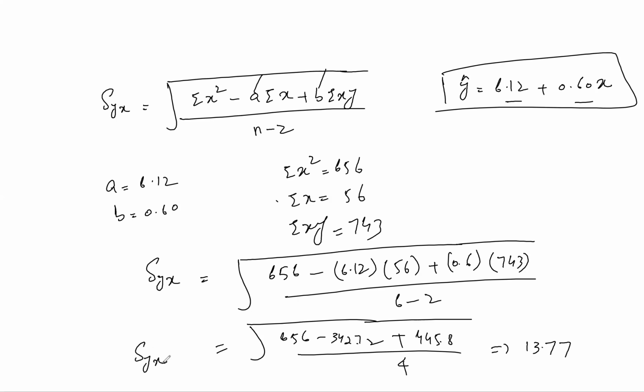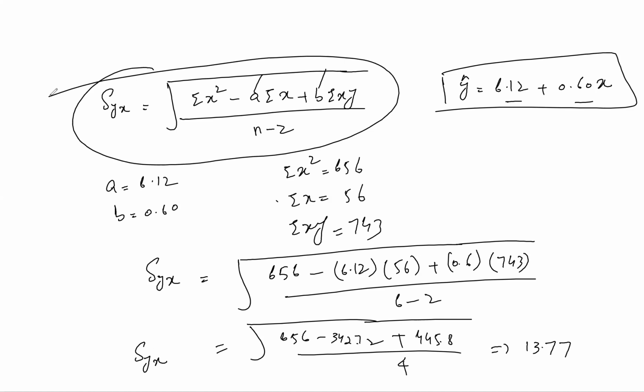This is how we calculate standard error of estimate. I just repeat it once again. That is the formula for standard error of estimate. These a and b we calculated through this equation: y equals a plus bx, we apply sum of y equals n times a plus b sum of x.